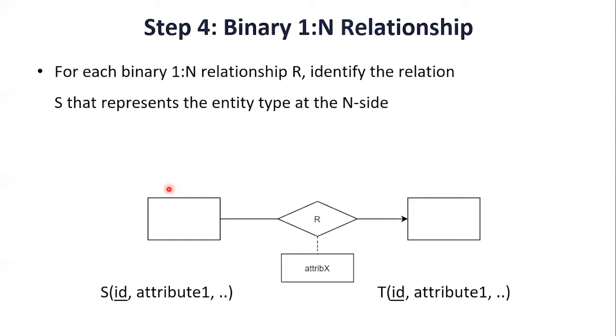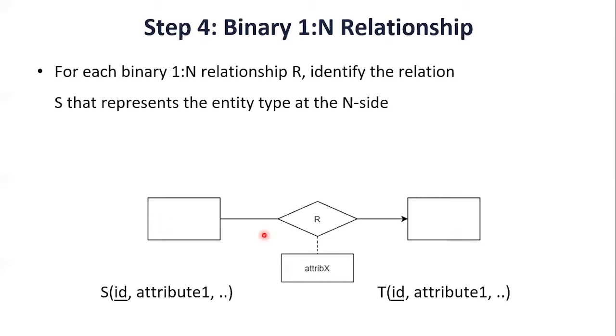So we have one entity set and another entity set. We have a many-to-one relationship here. So when we say one-to-many relationship, that includes both one-to-many and many-to-one types, since many-to-one can be read as one-to-many when you change the perspective.